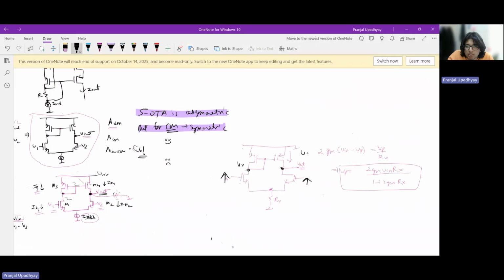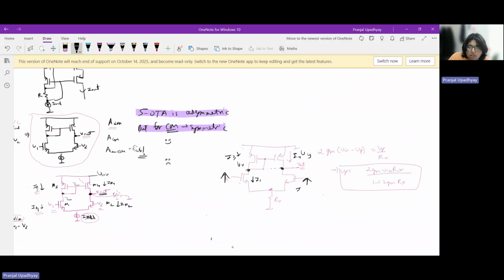And if these two node voltages are the same for common mode, then I can effectively short these two nodes, and I can fold this five-transistor OTA as you were doing in a fully differential amplifier. Let us test whether this is true by contradiction. We'll try to prove if this is true or not.